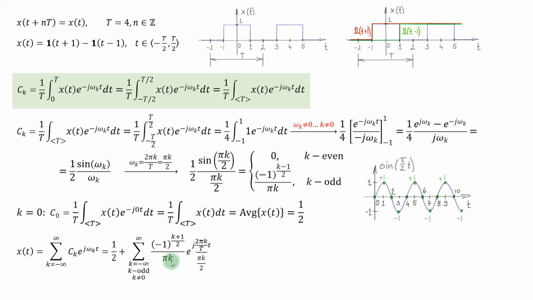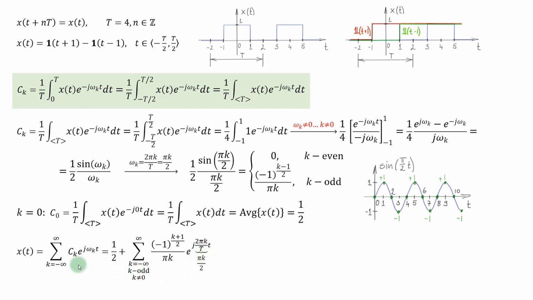Also, to avoid dividing by 0, from this sum I will exclude k when it is 0. For these values of k, I can use this value for the complex amplitude. So this will come here, and this exponential will come here. Here I have just rewritten the omega k as 2 pi k divided by the period.